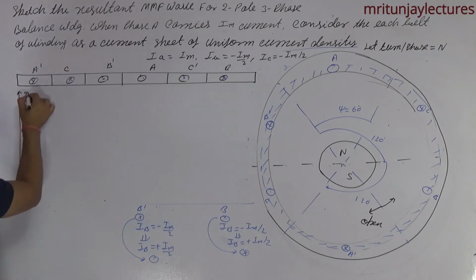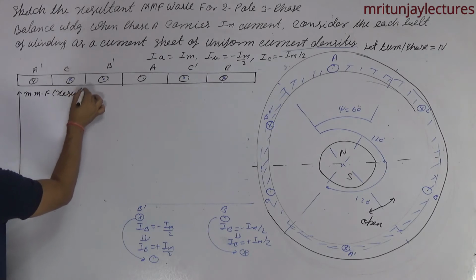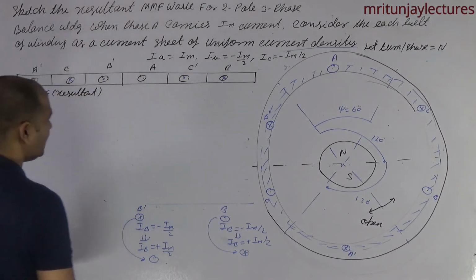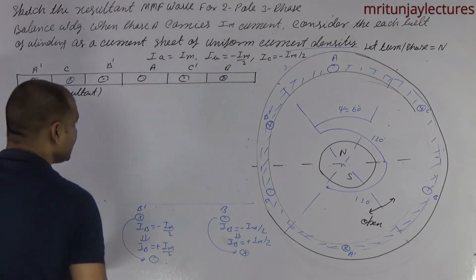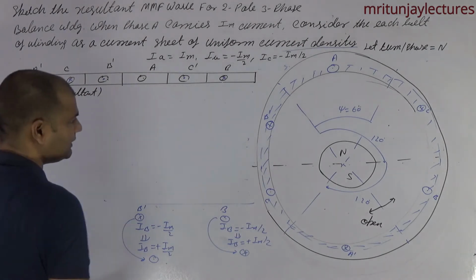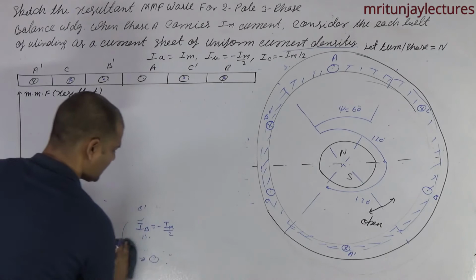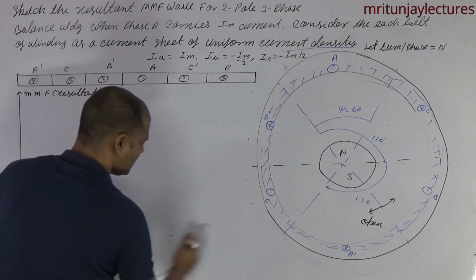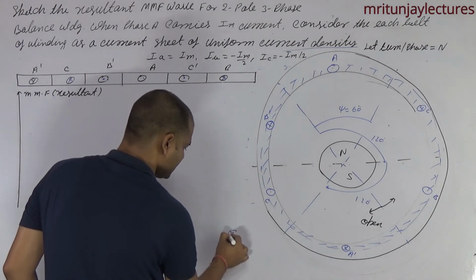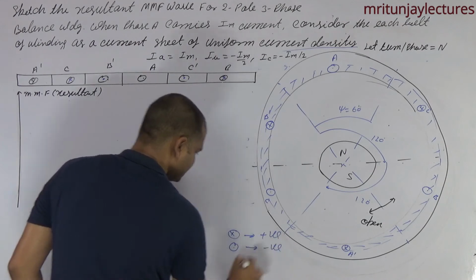Resultant MMF, when IA is equal to Im, IB is equal to minus Im by 2 and IC is equal to minus Im by 2. I have already discussed in the concept that cross polarity represents positive and dot polarity represents negative.